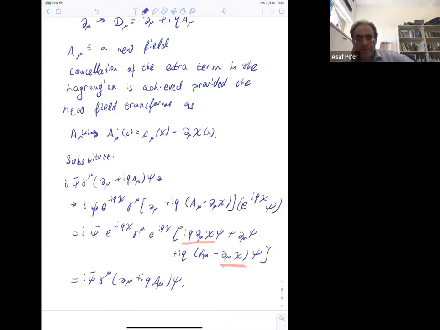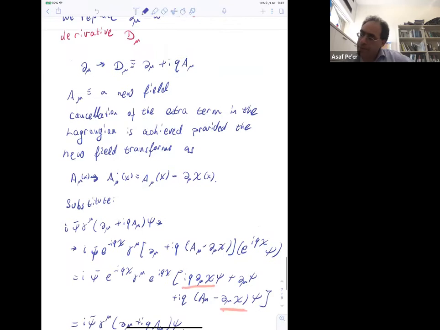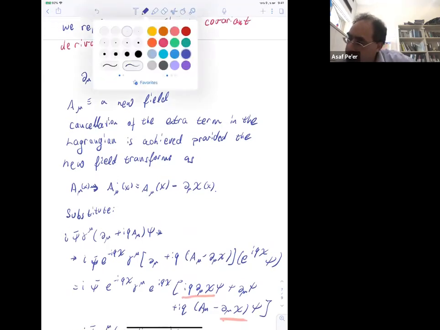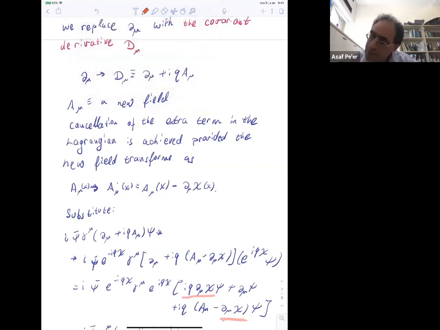Voila. Again, I did two things. I changed the derivative with a covariant derivative, right? D mu will change to include now an extra field. And this extra field, I required that it transforms under this local gauge in a certain way.